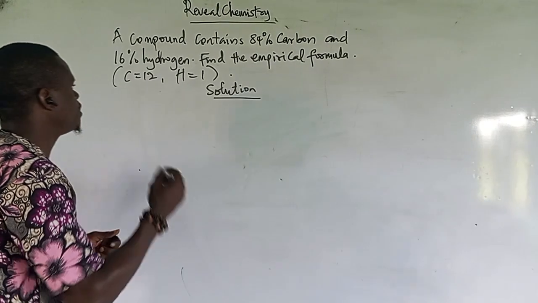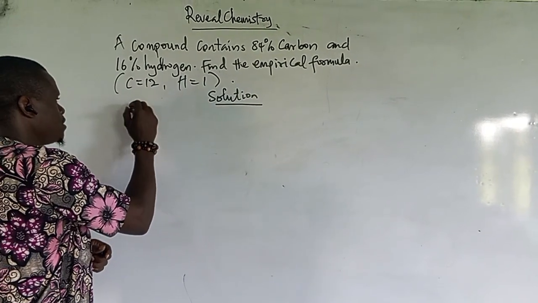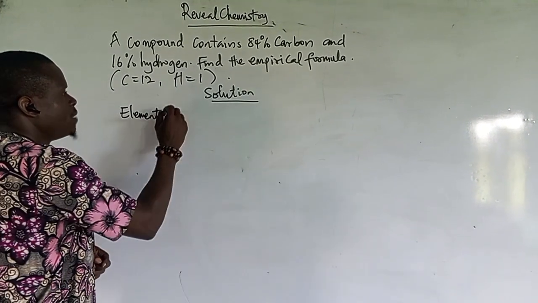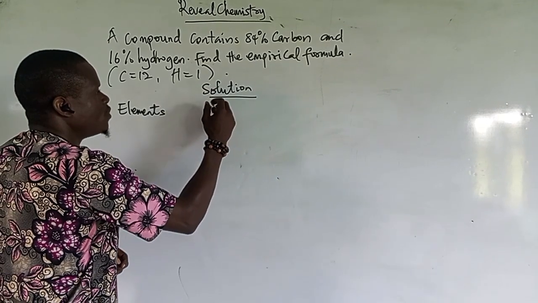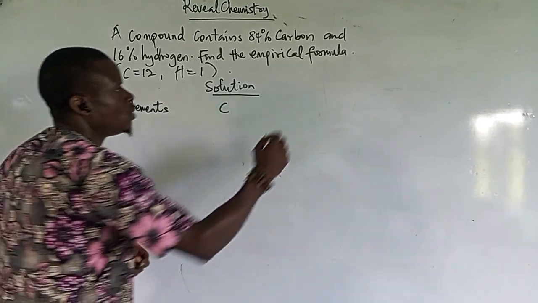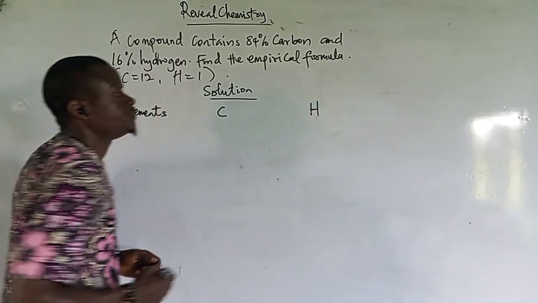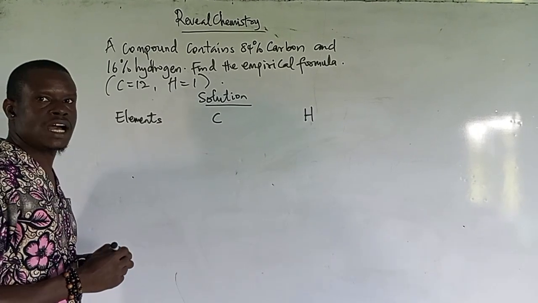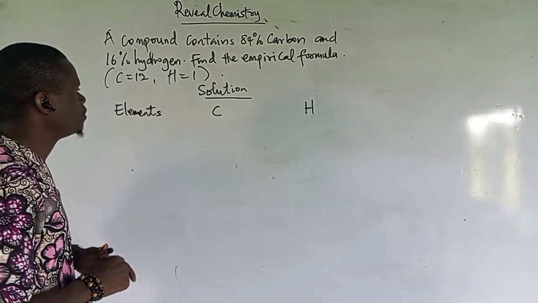So first thing you do is list all the elements available, which are carbon and hydrogen. Those are the elements available.